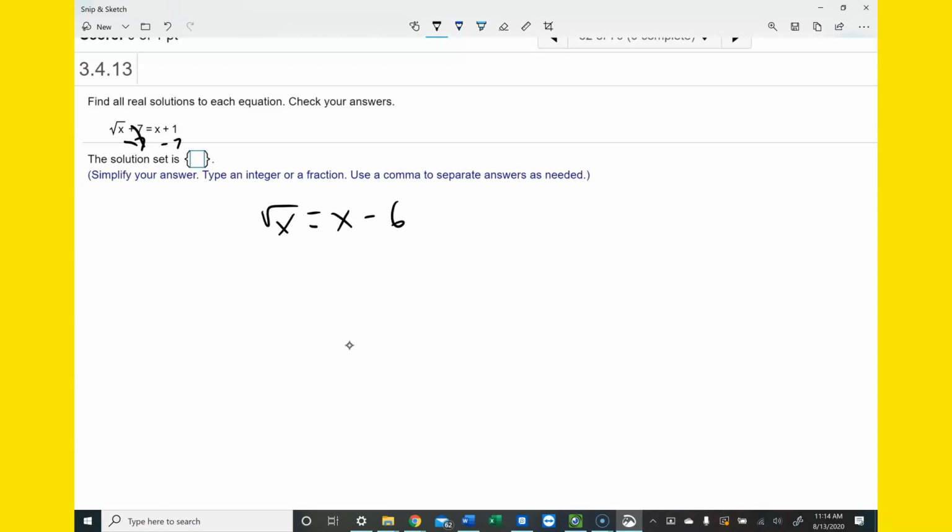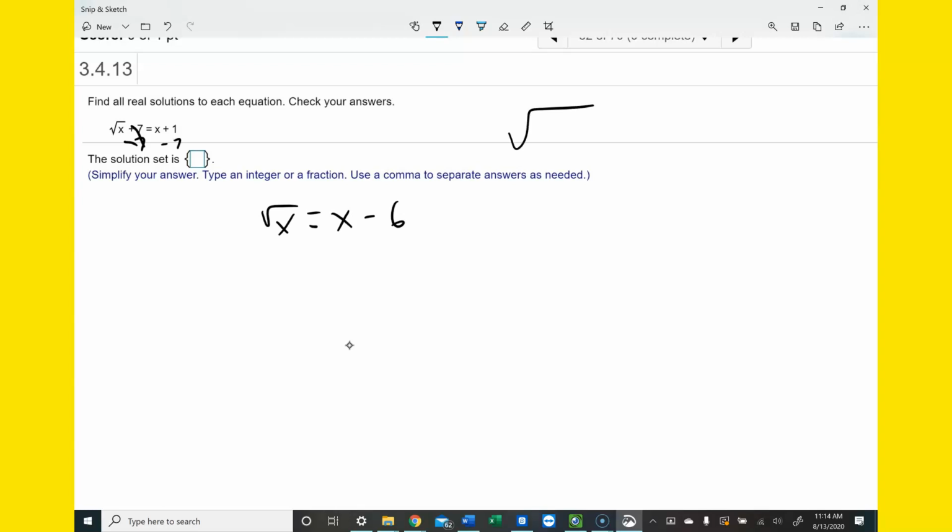At this point, once I get the radical term by itself, I can then get rid of that radical. I'm going to do that by doing the inverse of that radical. A radical and an exponent are inverses of one another.